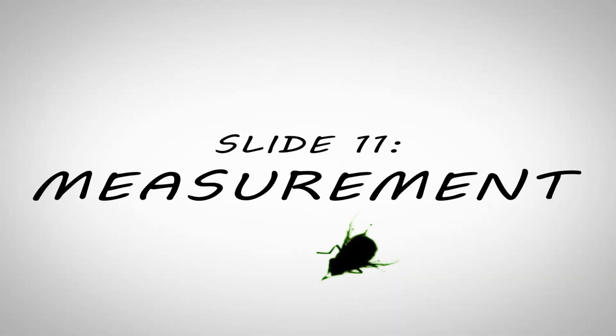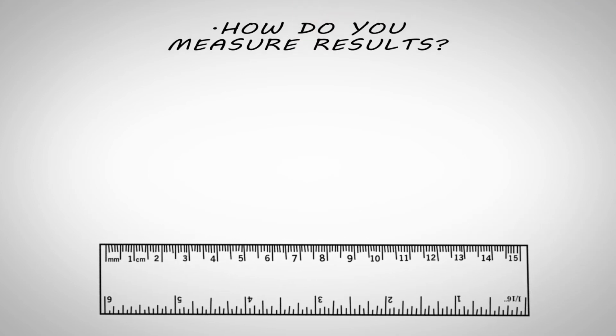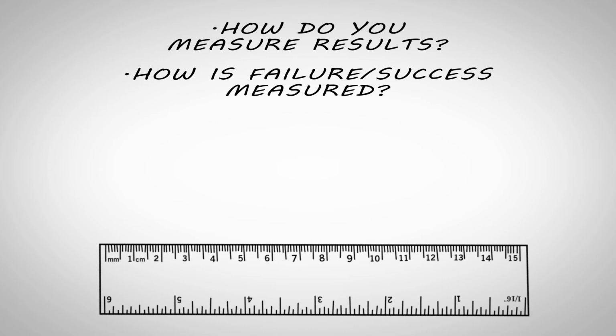Slide 11, measurement. Your final slide shows how you plan to measure results. How will you measure your impact and perceive success or failure? You might measure impact in terms of how many lives your program affected, how many people received your services, or how your clients are faring after your intervention.